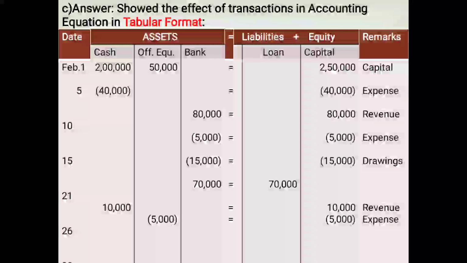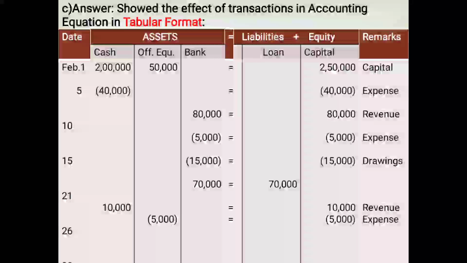So cash, office equipment, bank, loan, capital, totally 5 columns are available in this format. And now you can prove asset is equal to liability plus equity after adding all the columns. Dear learners, I think you have added the total and grand total of assets and liabilities plus equity.